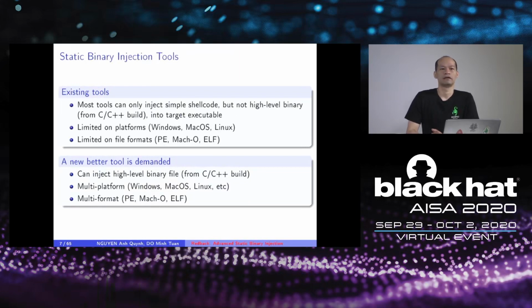So we think that we need a new, better tool for static binary injection that can inject high-level binary files built from C or C++. This tool should work on all major OSes like Windows, Mac OS, Linux, and so on. And finally, it should support all popular executable formats like Windows PE, Mach-O, and ELF.